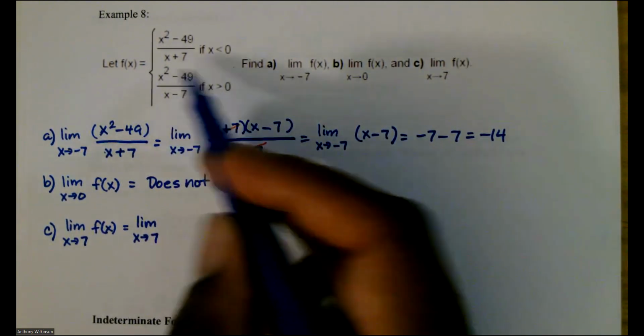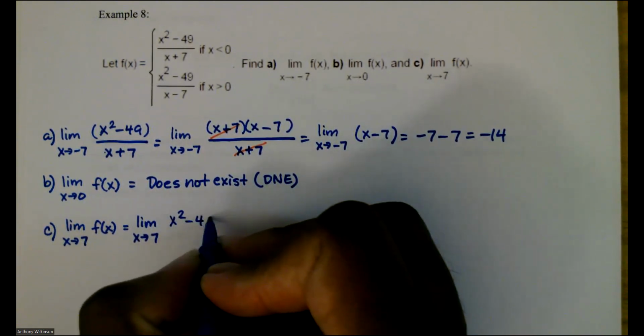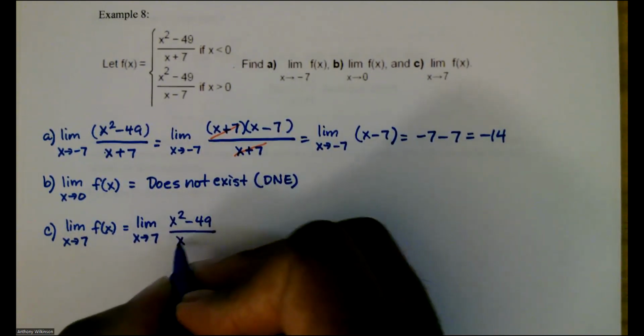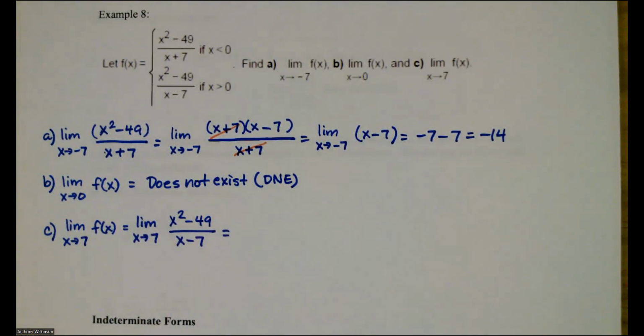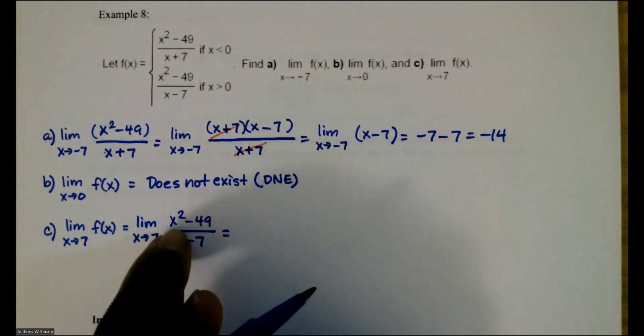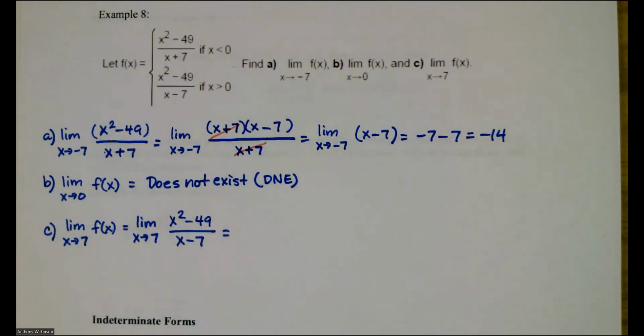So we have to use this expression of x squared minus 49 divided by x minus 7. Now, of course, if you substitute your x values with 7, you're going to get 0 over 0 as well. So that's an indeterminate form.